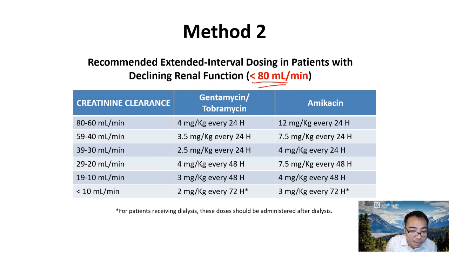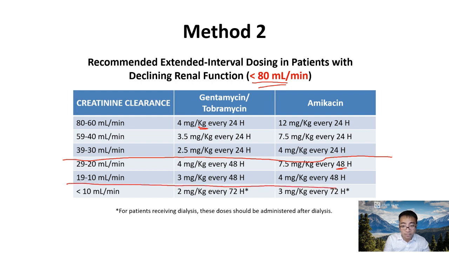Again, class, it's still based on kilogram body weight. Right? So, if it's 80 to 60, 59, this is all you look at, class. Once here, instead of every 24 hours, it's every 48 hours. And if the patient's kidneys are significantly damaged and he really needs aminoglycosides, it's every 72 hours for our dosing.